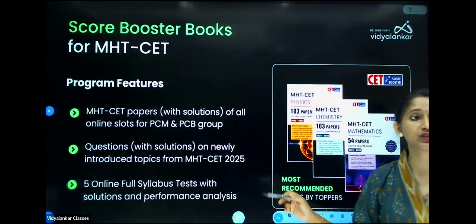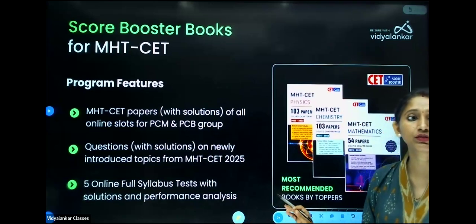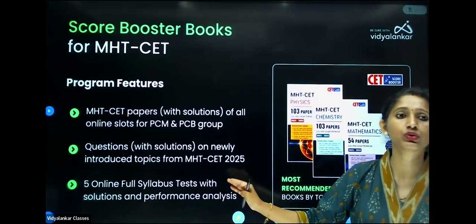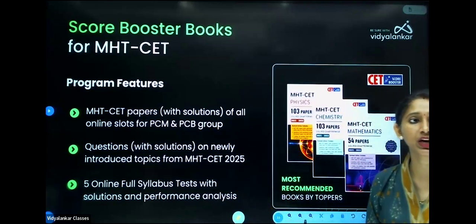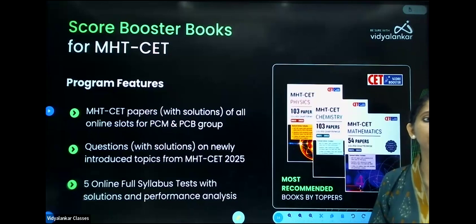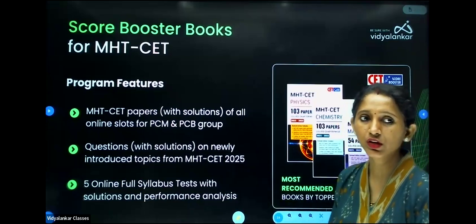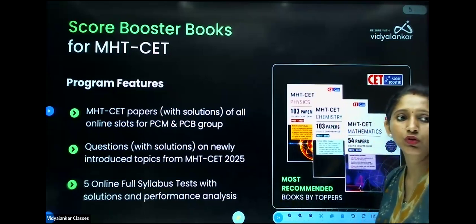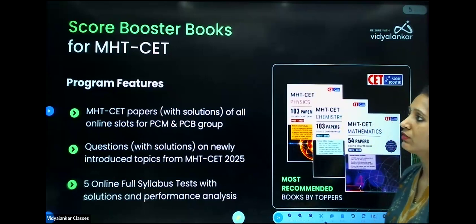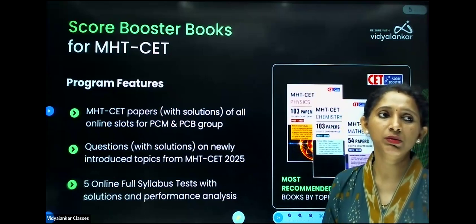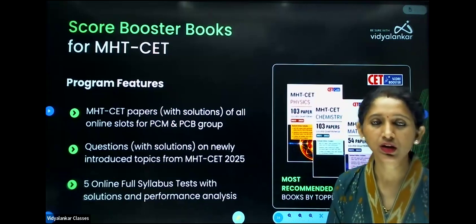With that, questions with solutions on newly introduced topics from MHT CET 2025 are also introduced into these books. With that, 5 online full syllabus tests with solutions and performance analysis are also given with the score booster books. So these are the books most recommended by the toppers. Please focus on this as well. This will help you to score better in your MHT CET attempt as well.